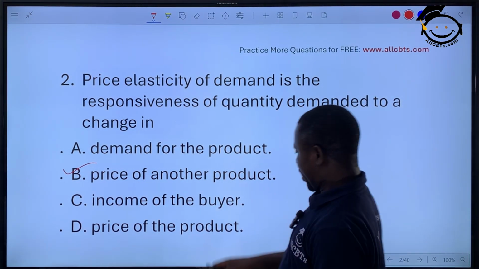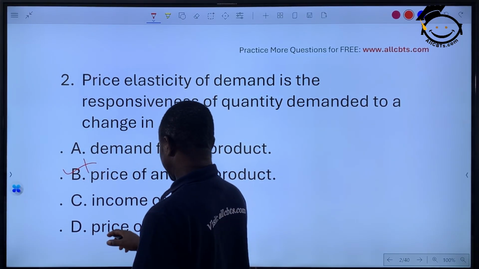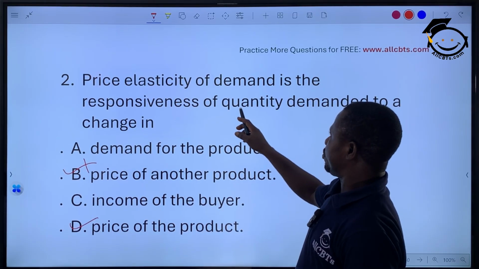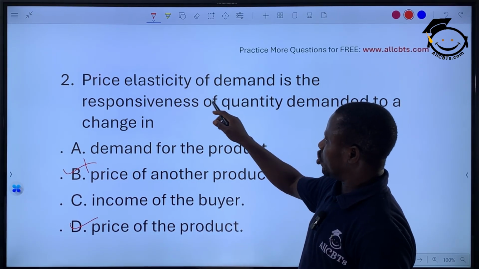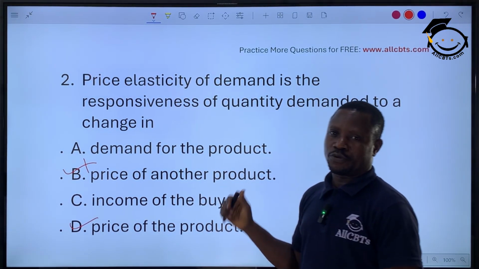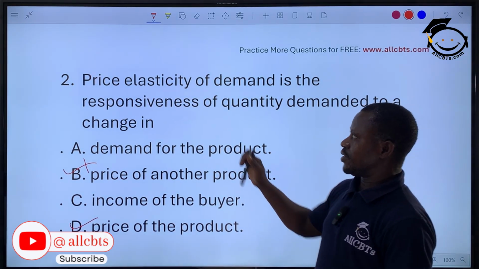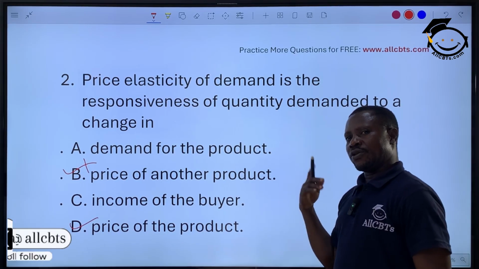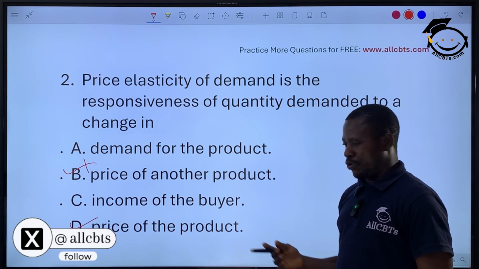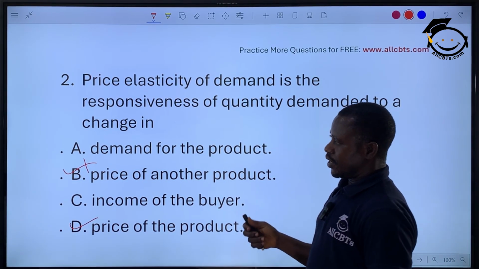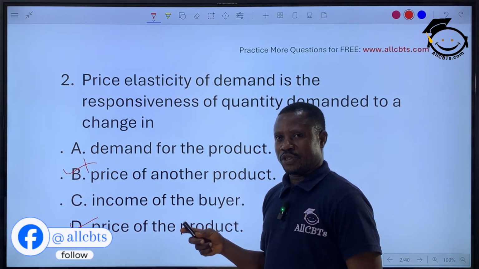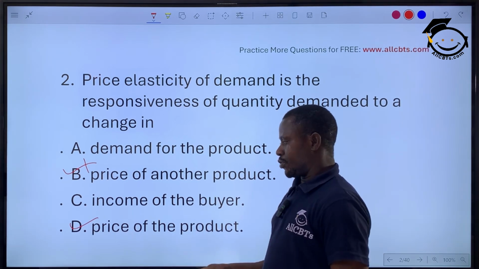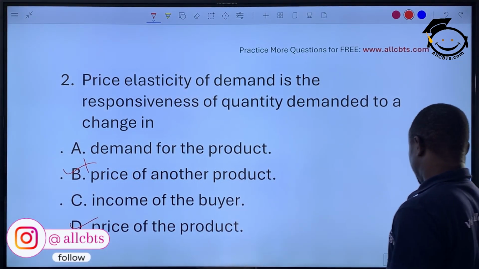Remember, we talk about the responsiveness of changes in price and the quantity demanded of a particular product. Unless it's a competitive product, then you can talk about the price of another product or demand of another product. So option D is the correct answer.